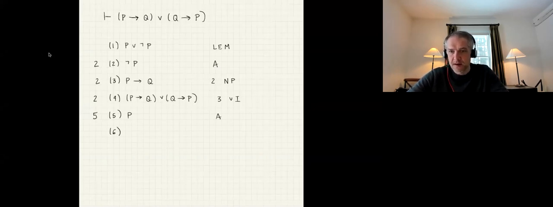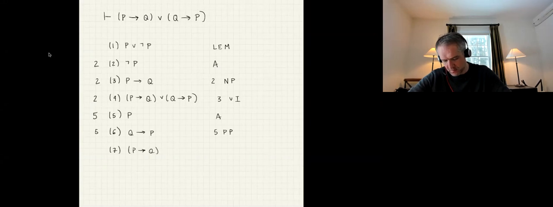Now I'm going to use positive paradox, which says if I have P, then I can get if anything else, then P. So if Q, then P, so that's 5, positive paradox. And then again, now I'll just do this OR introduction. If P then Q, or if Q then P. So that's 6, OR introduction.